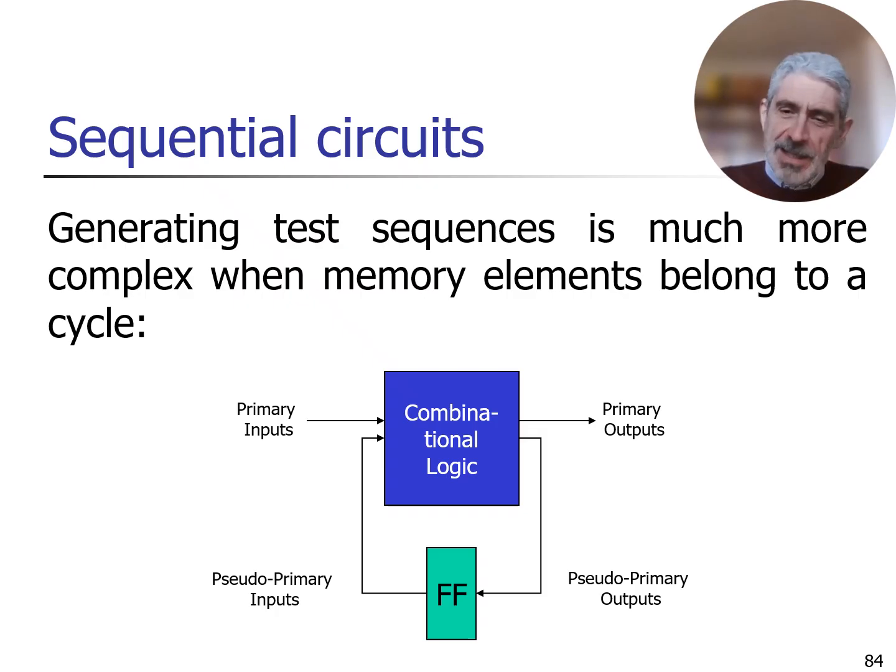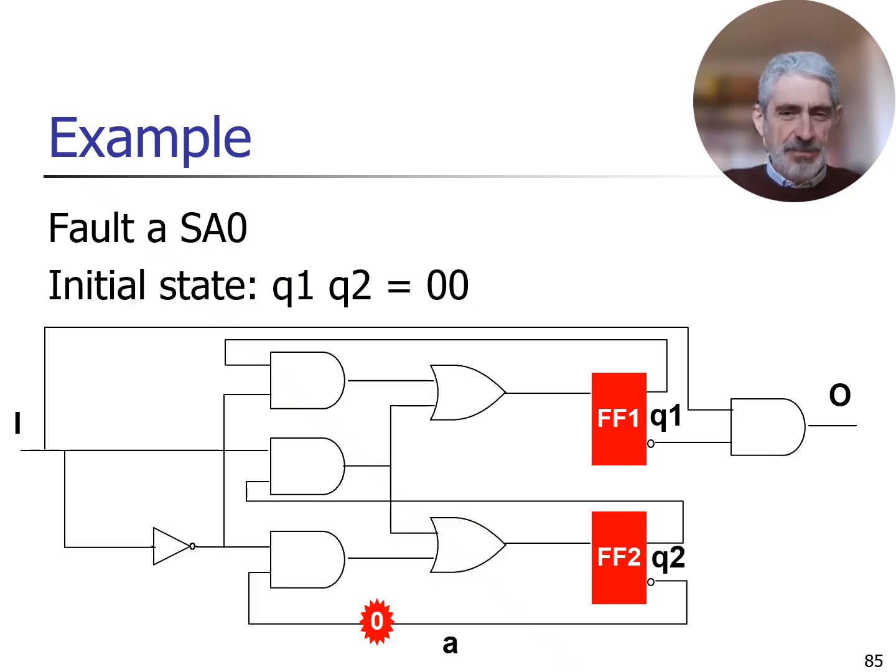Let's see a simple example just to have the feeling of how complex this procedure is. Here we will consider this simple circuit composed of two flip-flops, one primary input and one primary output. The two flip-flops have the direct output and the negated output. And let's consider the fault A stuck-at 0.